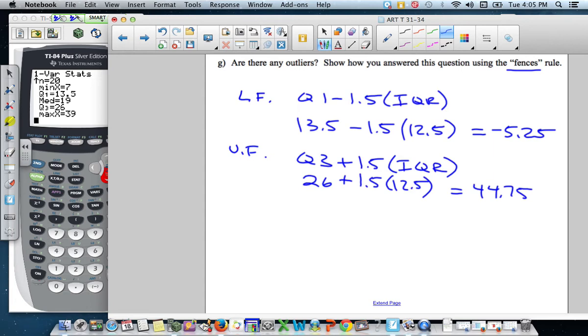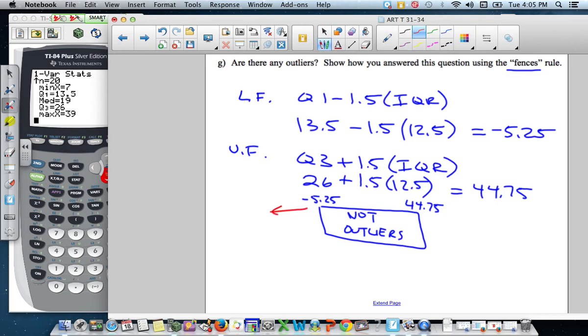So that means any numbers that are in that interval from negative 5.25 to 44.75 are not outliers. But anything lower than negative 5.25, or higher than 44.75, those are outliers.